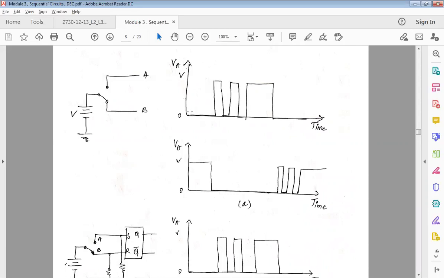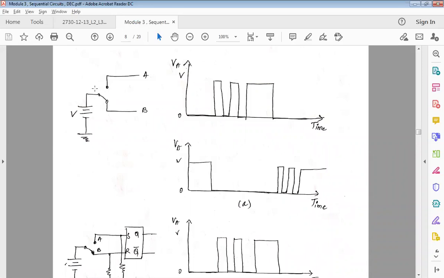And here you can see that for B, whenever A is active, B is not active, because the switch either connects to B or connects to A. So these two, A and B, work opposite to each other, because the switch cannot be connected to both points.